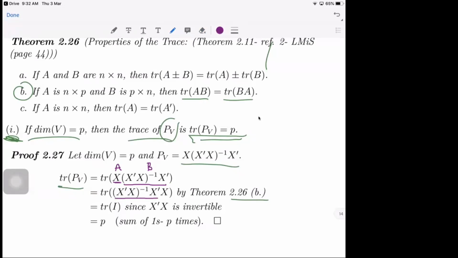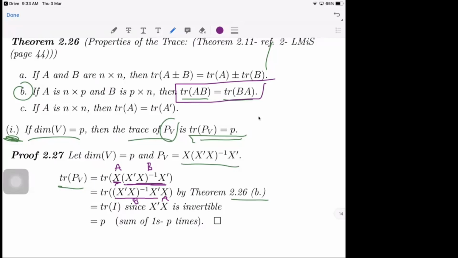This is your B, and this is your A. Okay? So we use this: the trace of AB is the trace of BA, with A as X and B this whole thing.